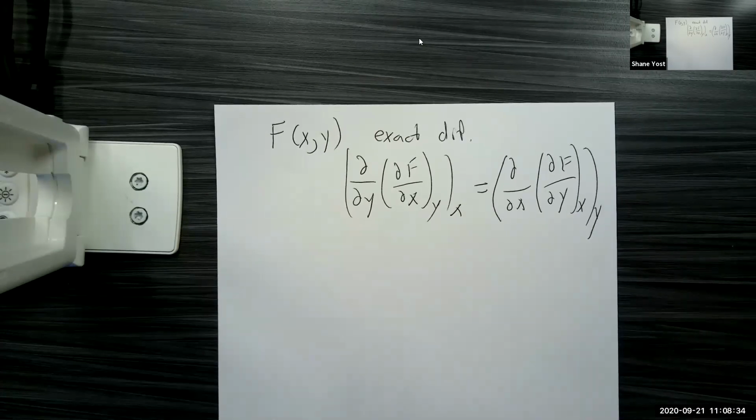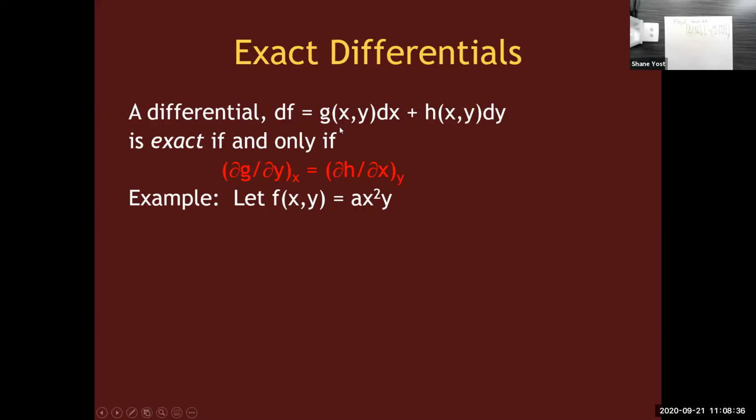And so in the slide here, g of x and y is just the derivative of f with respect to x at constant y. And h of x and y here is the derivative of f with respect to y at constant x.